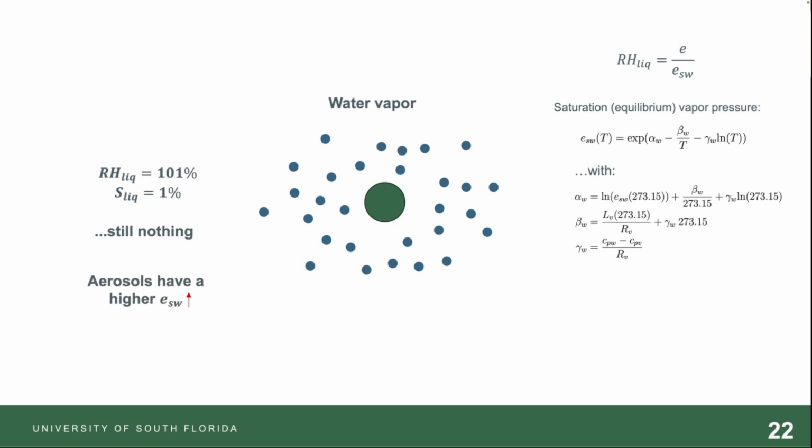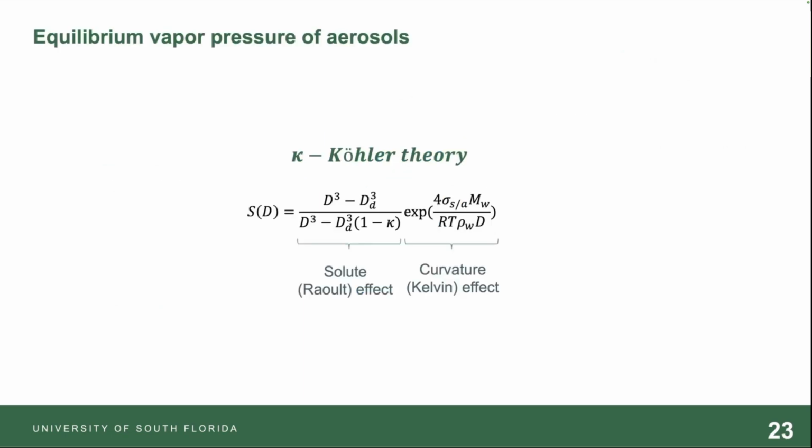But even if we go above 100% relative humidity, say 101%, then we're already supersaturated, but we still don't see any condensation activity. And why is that? It's because aerosols have a higher equilibrium vapor pressure. So unlike a flat water body, we do not actually get condensation at a saturated atmosphere directly, only if it's very saturated.